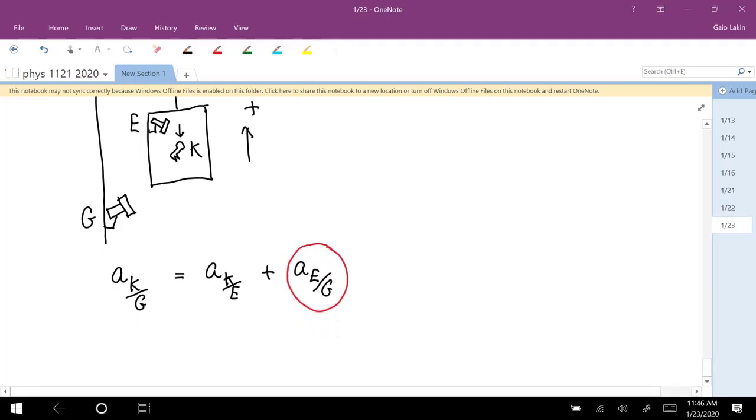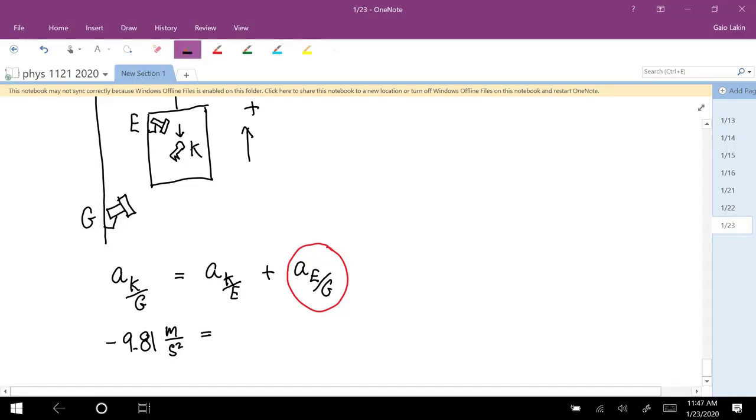By the way, these cameras can be imaginary. It doesn't say anything about there being a camera mounted to the wall of the elevator shaft. But if there was a camera mounted to the wall of the elevator shaft that could see the keys, what would it see the acceleration of the keys to be? We have negative 9.81 meters per second squared because the keys are in free fall.